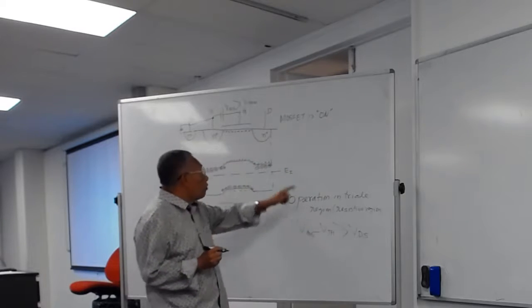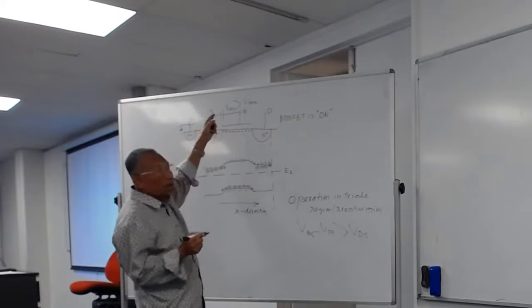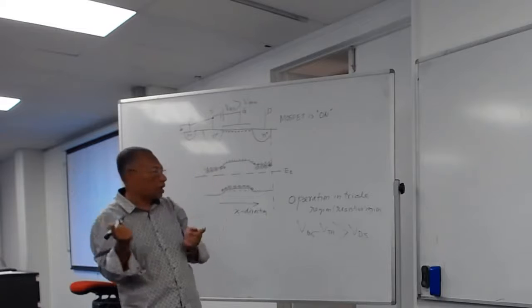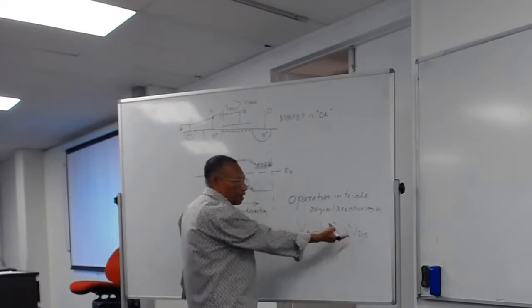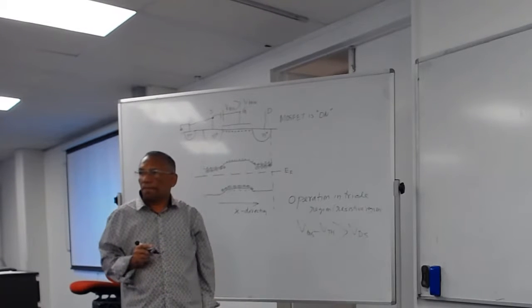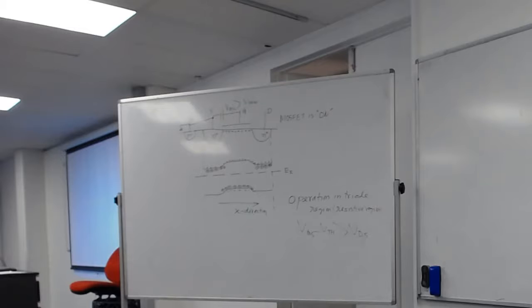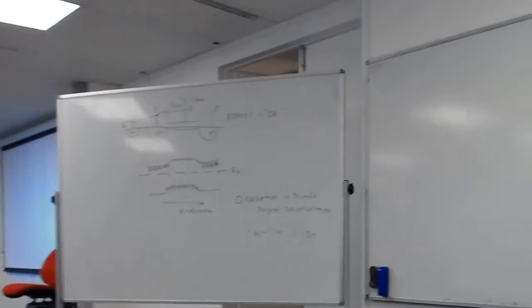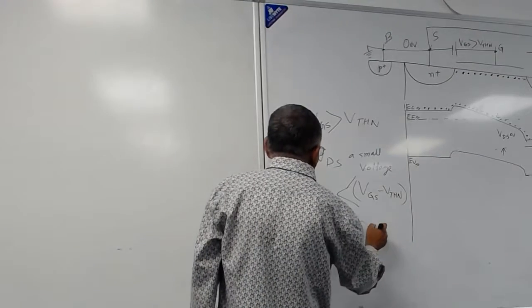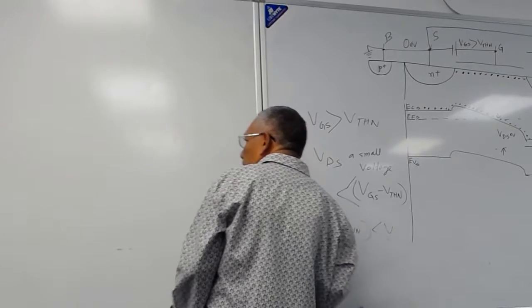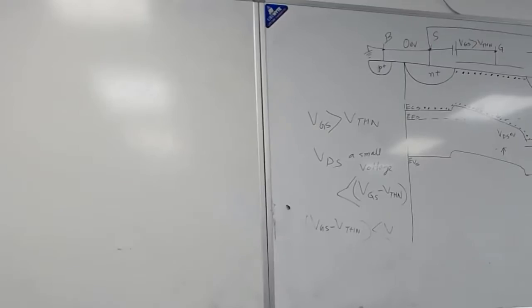So if your VDS is 0 here, we didn't apply voltage. If you apply 0 volts here, then of course VGS minus VTHN will be greater than this, isn't it? So it will be in triode region. Or you apply a small voltage, and still your VGS minus VTHN must be greater than VDS.